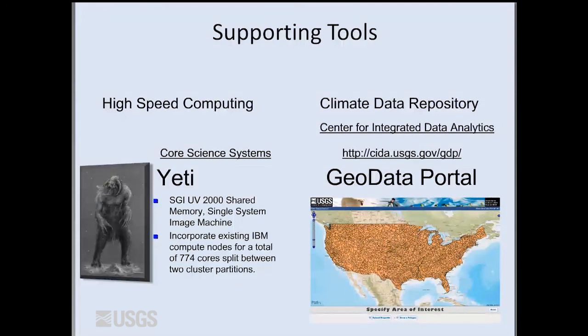Supporting tools: the Geo Data Portal has just been invaluable to us over the past 5-6 years since it has gotten started, and it's been very valuable in saving time preparing the input data, especially for climate. The Core Science Systems folks, we've worked with them on their supercluster high-speed computing cluster out in Denver.